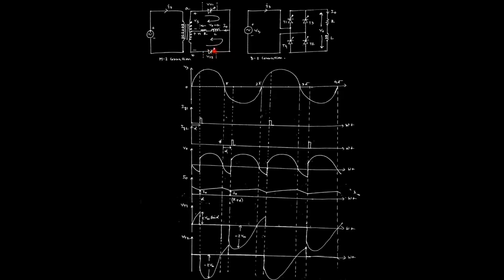That means we cannot fire this thyristor in this situation. Suppose we apply the gate pulse to the first thyristor, then the thyristor will be turned on. Once the SCR becomes on, the current starts flowing in this direction, which is defined by this arrow.